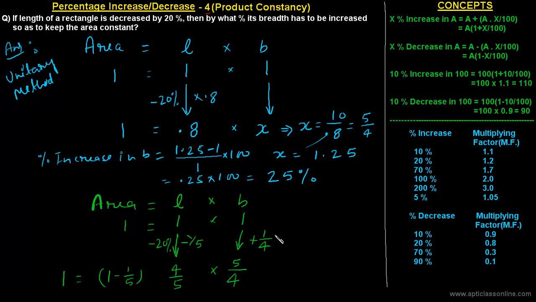So 1/4 increase from 1 will give the new value of b which is required. So 1/4 increase is equivalent to how much? 1/4 means 25%. So in this way also we get the answer as 25%. We will see more examples in the next class.